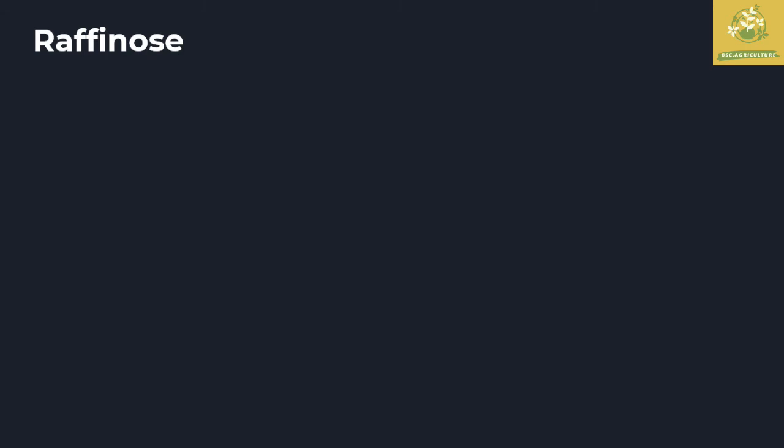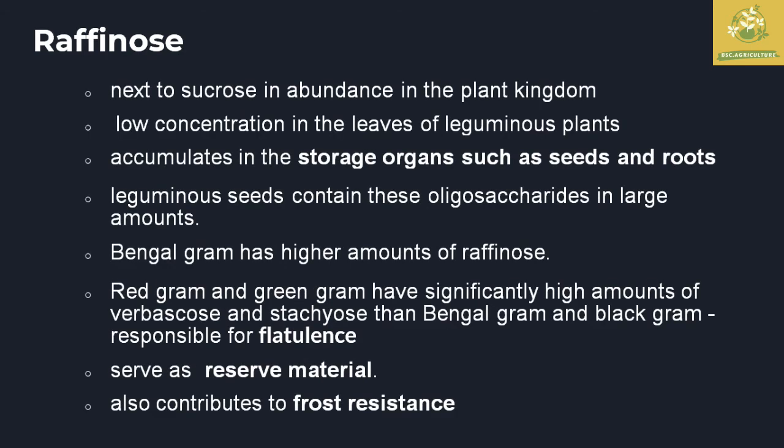Looking at them one by one, raffinose, I can move up faster, is next to sucrose in abundance in the plant kingdom, with a lower concentration in the leaves of leguminous plants, and it accumulates in storage organs like seeds and roots. Leguminous seeds also contain oligosaccharides in large amounts. Bengal gram has a higher amount of raffinose.